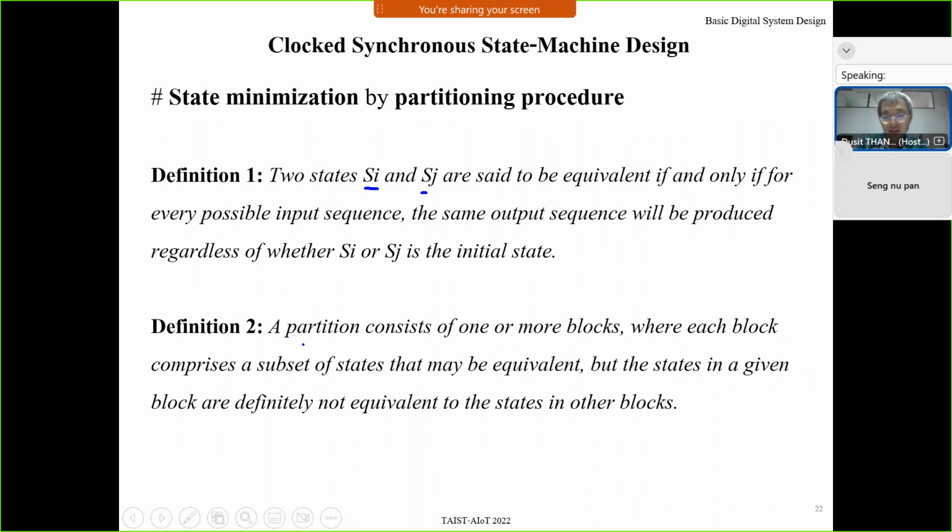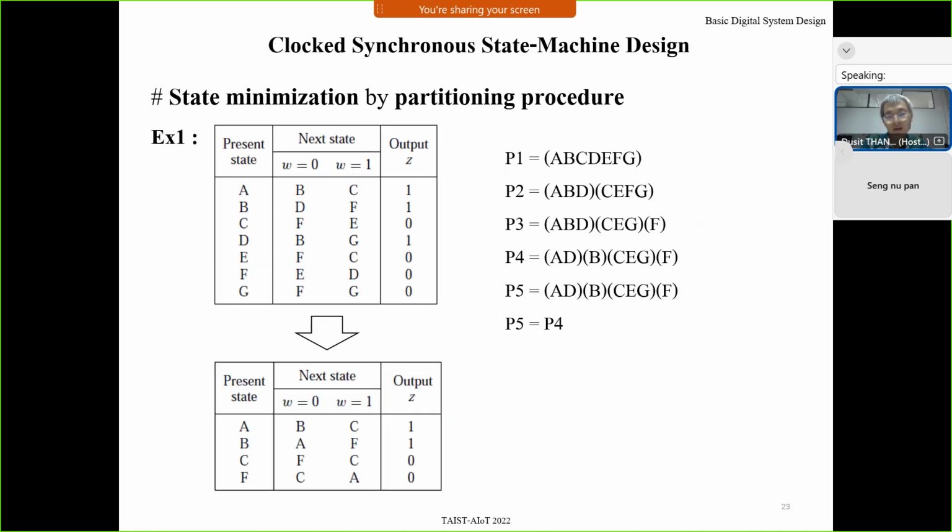And definition number 2 says that a partition consists of one or more blocks, where each block comprises a subset of states that may be equivalent. The keyword is maybe. If you don't know, but it's possible to be equivalent, let's group them together. But the states in different blocks are definitely not equivalent, so they will be separated. Let's see an example.